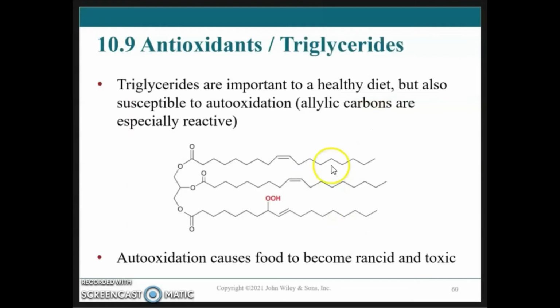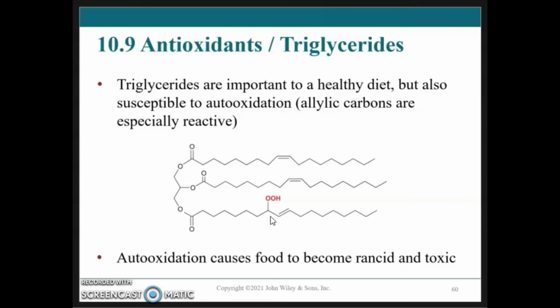Another place where autooxidation is significant is in triglycerides. So you need triglycerides in a healthy diet. These are susceptible to autooxidation. If you fry foods, water will enter the oil from the foods, and this can also accelerate the oxidation.